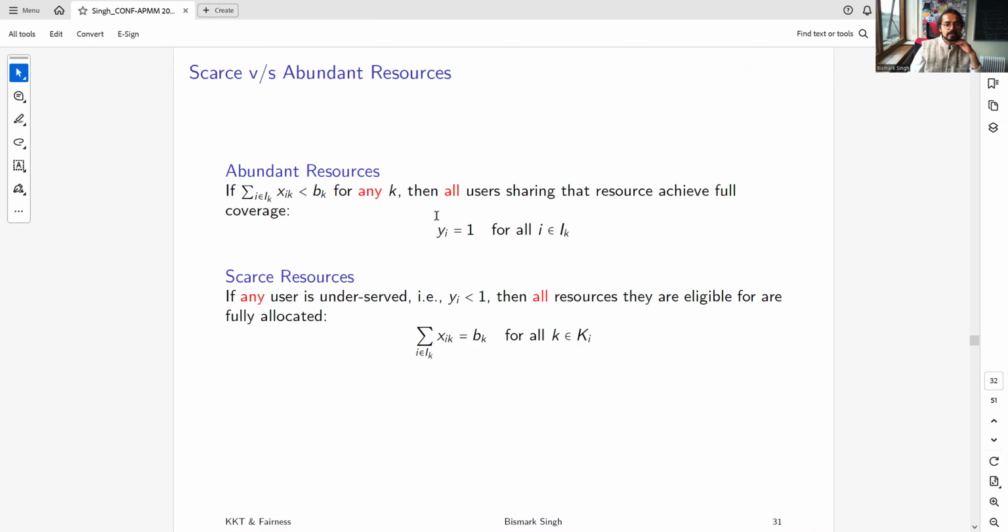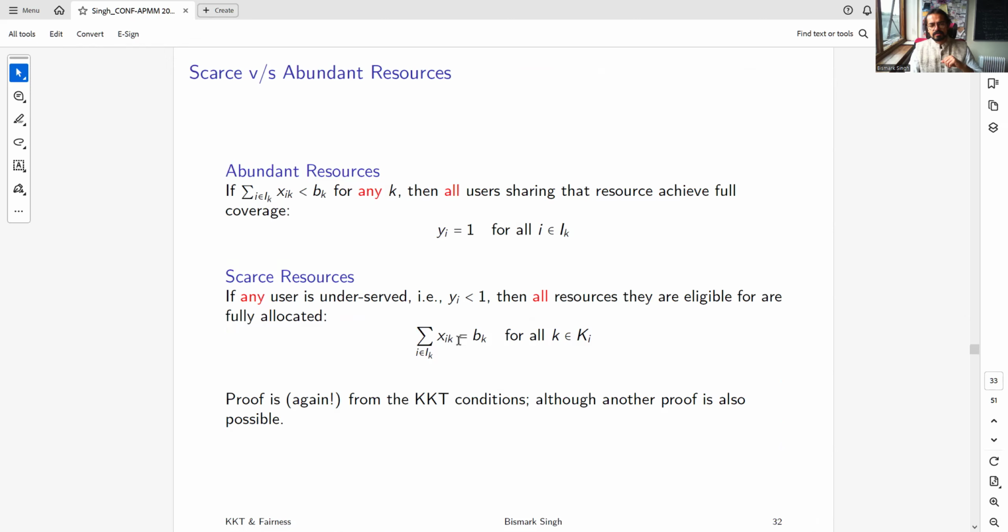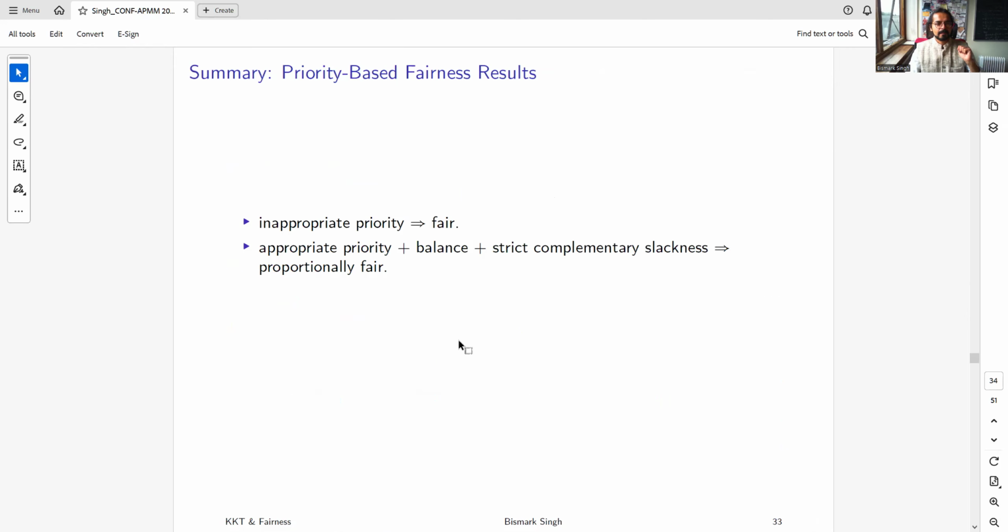On the other side, if the resources were scarce, then if you have any user that was being served that had a coverage less than one, because that could happen in the case of resources being scarce, then it must be that the entire amount of the resource K is allocated. So once again, the proof comes from the KKT conditions. So here we could have another proof as well, but the proof goes through from the KKTs as well.